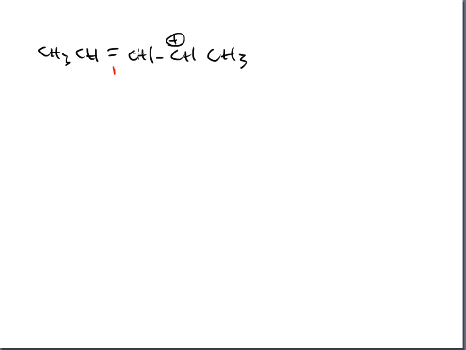This is the carbon that has the pi bond right here. That's the one that's involved in the double bond. So the neighbor to it has a positive charge. Look at that. If this happens, this negative is right beside a positive.